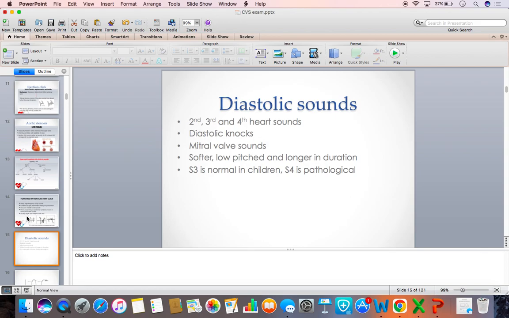Second heart sound, third heart sound, and fourth heart sound are the diastolic sounds. Then the diastolic knock.